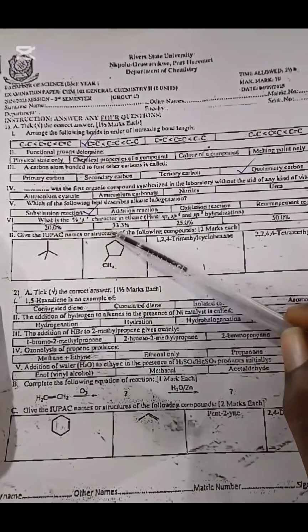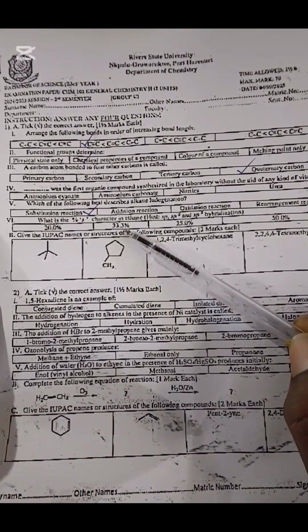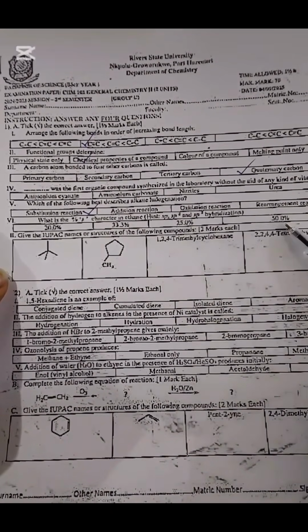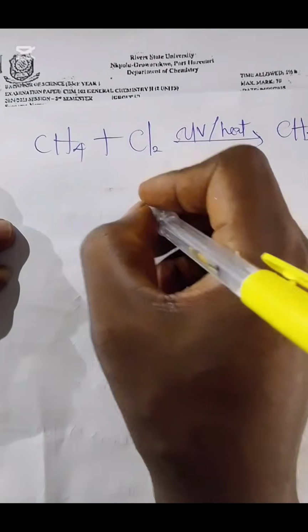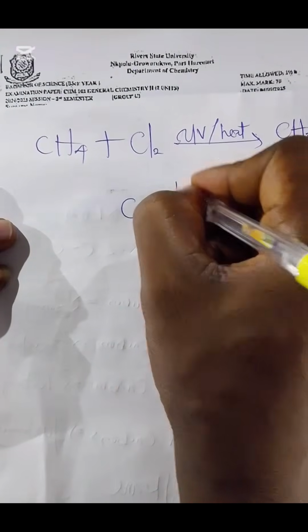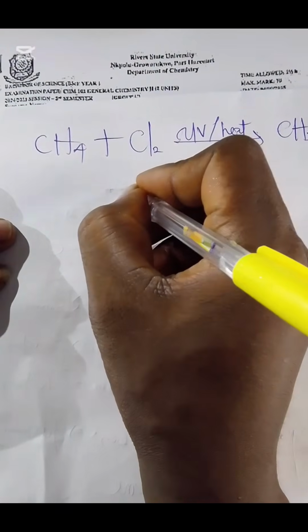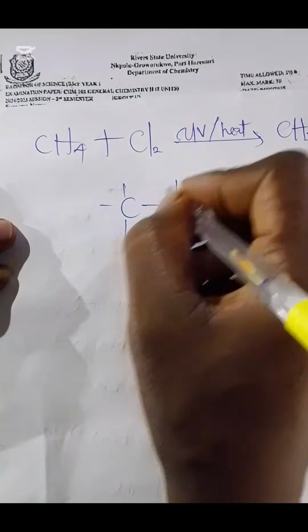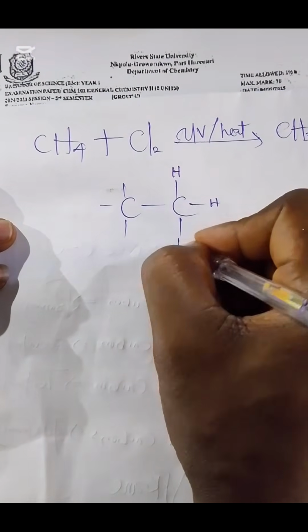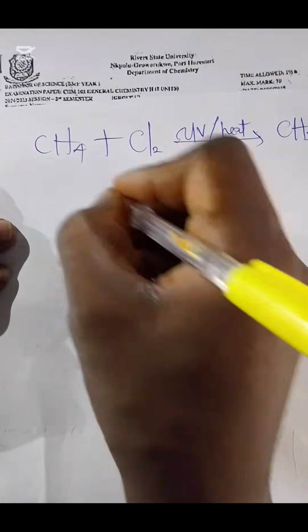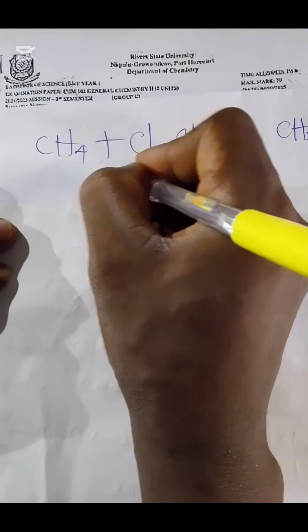Option A 20%, B 33.3%, C 25%, and D 50%. The formula for ethane is C-C, with each carbon surrounded by, or bonded to, three hydrogen atoms.